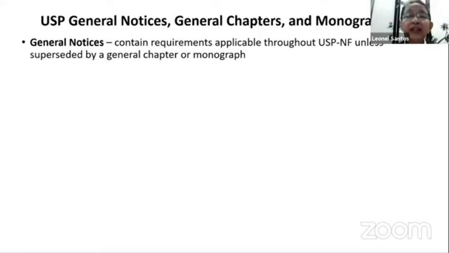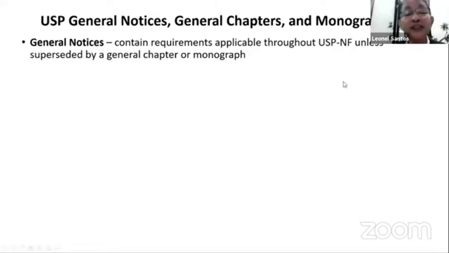But the US FDA uses the standards that the USP creates to ensure the quality of drug products in the United States. And I believe many other countries, including the Philippines, use USP as part of their standard setting for drug products in the Philippines. So in the book of USP, there are three important things that you need to know.